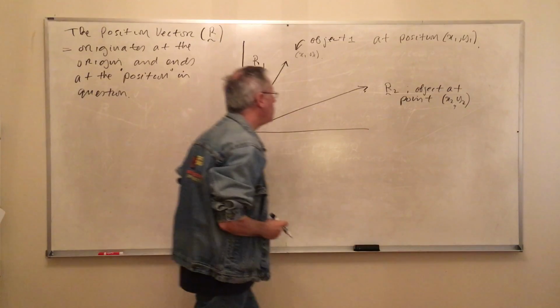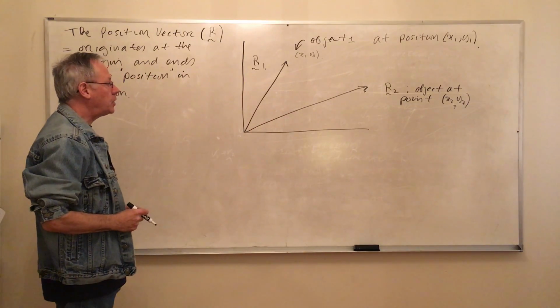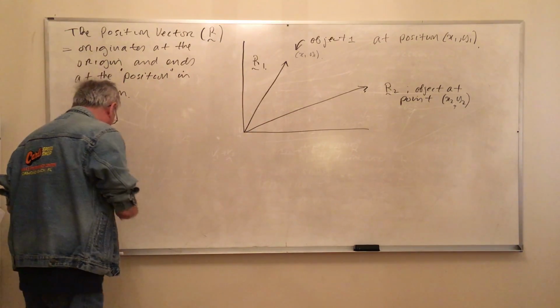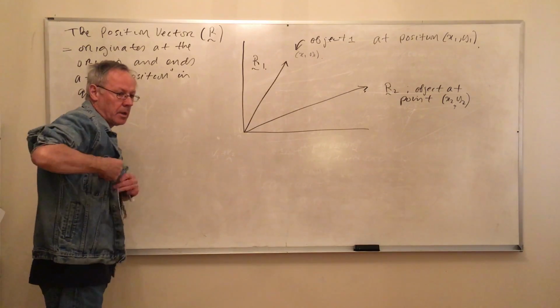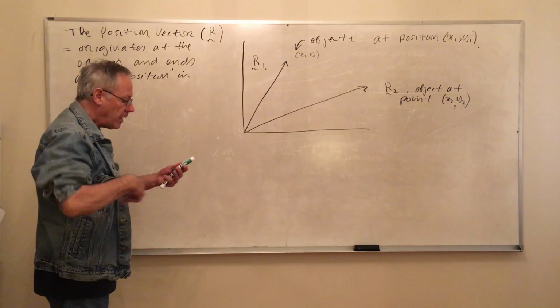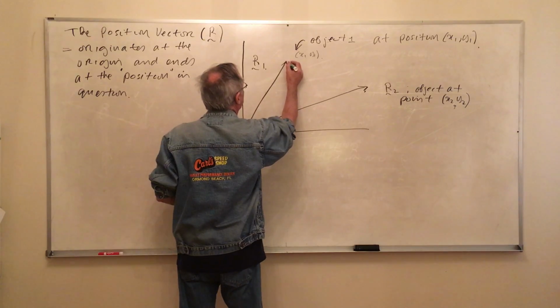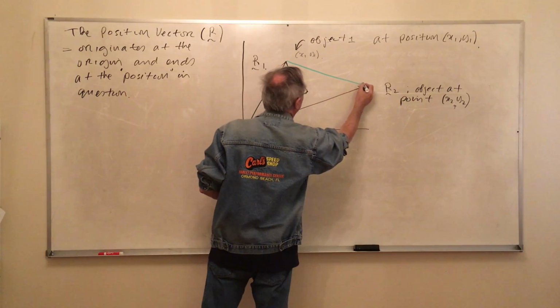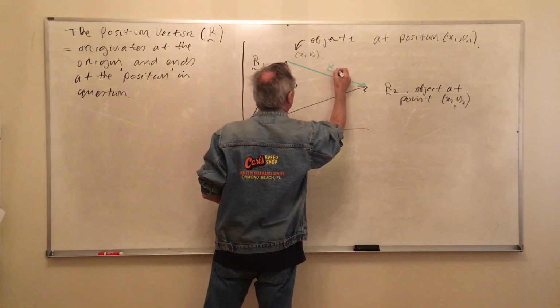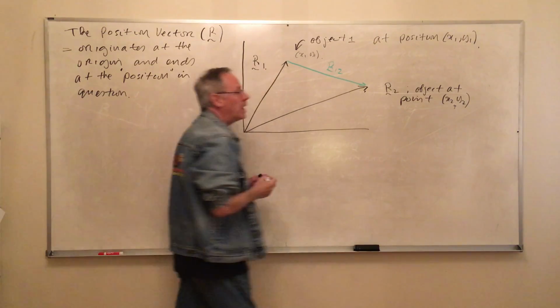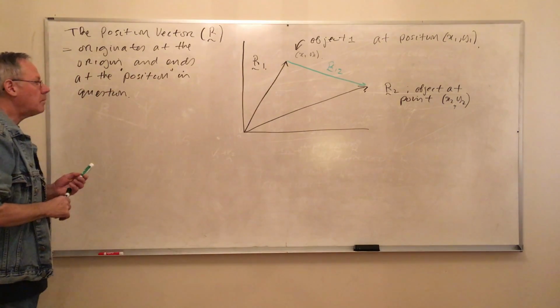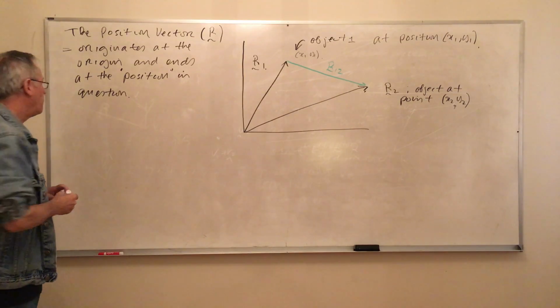And we have object 2 at x2, y2. It is very often desired to have a vector between these two guys. We'll call this vector R12. How do we find R12?